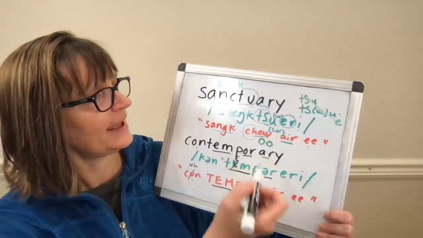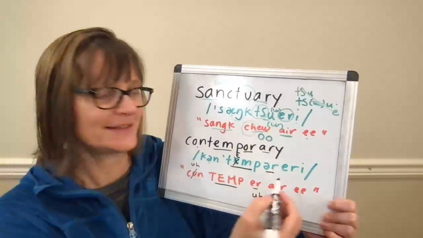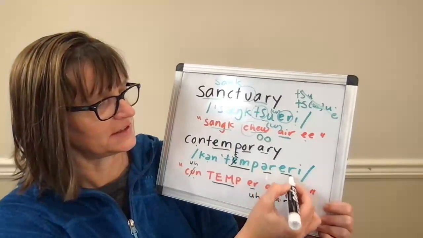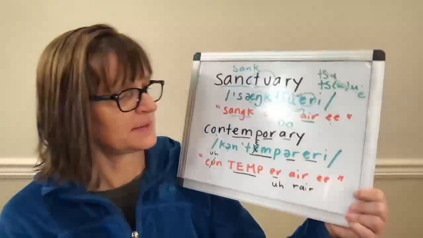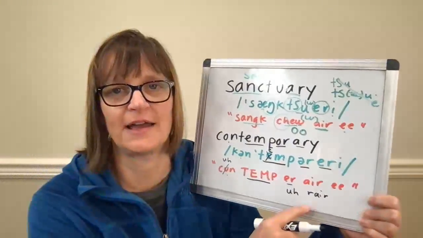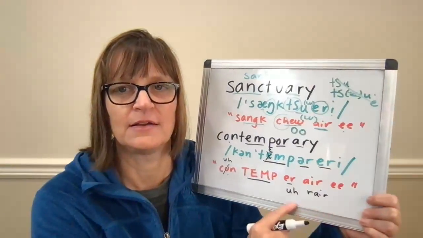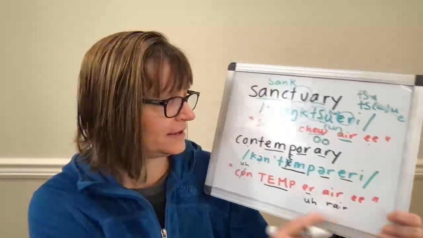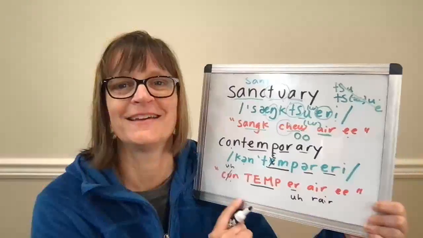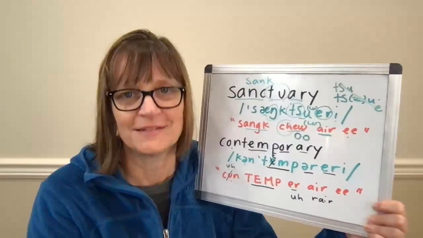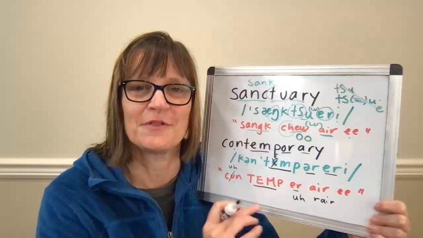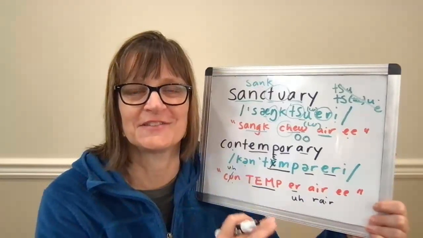Again, my ARY, just like in sanctuary, is an air diphthong, so that looks like this, and then we have our E. So same thing, you could build from the back, try airy, rary, urary, temporary, contemporary. Definitely a challenging word, and you may need to focus in on certain parts of it with those R's, with the sequence and the syllable.